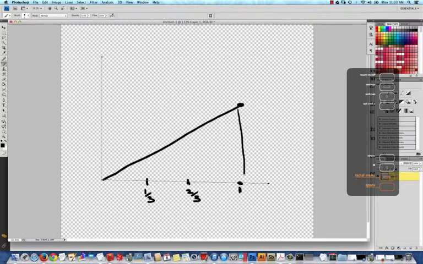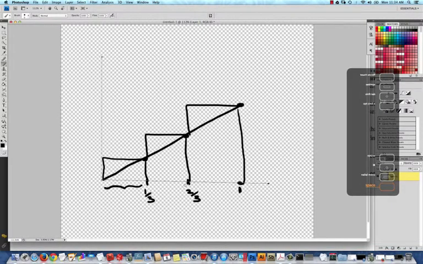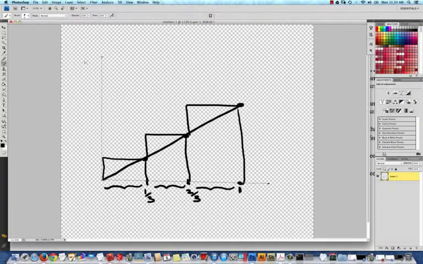Bring this down. Okay, this is the first rectangle, the second rectangle, the third rectangle. Now it's clear to see that the width of each of the bases of the rectangles is 1/3. So all I have to do now is take each of the bases times their height.